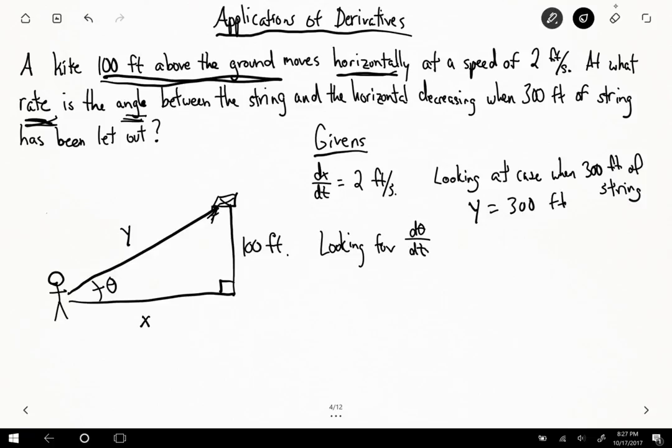Well, the easiest way for us to look at this, and you have options, right? So what most people would say is, okay, since we have this dx dt to work with, most people would say tangent of theta equals 100 over x. And that would be fine. With the exception, you're going to create a little more work for yourself that way. And what you'd have to use is a Pythagorean theorem along the way.